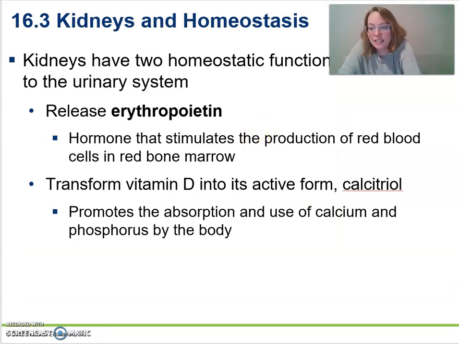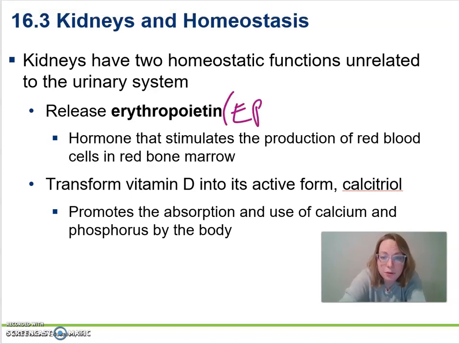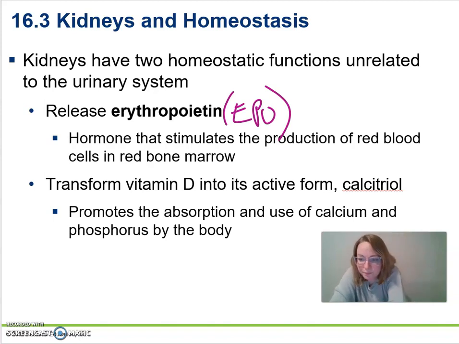So other interesting kidney functions, they make EPO, or erythropoietin. So that tells the red bone marrow to make more red blood cells.